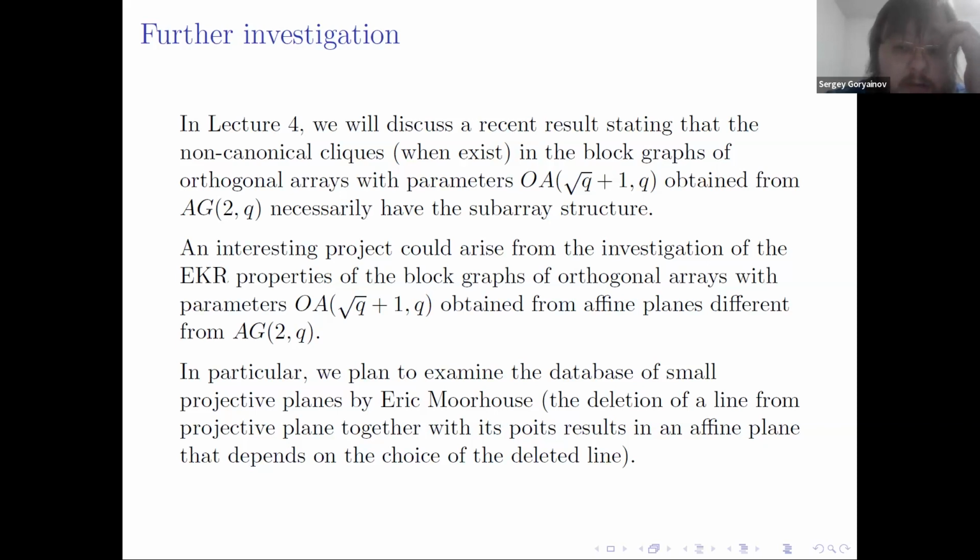Indeed, the deletion of a line from a projective plane together with its points results in an affine plane that depends on the choice of the deleted line. And this is a rich source of orthogonal arrays, and a counterexample might be there.